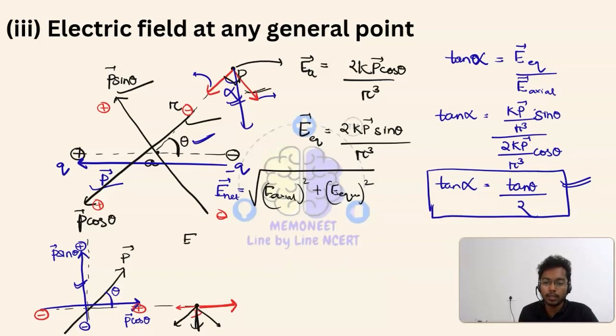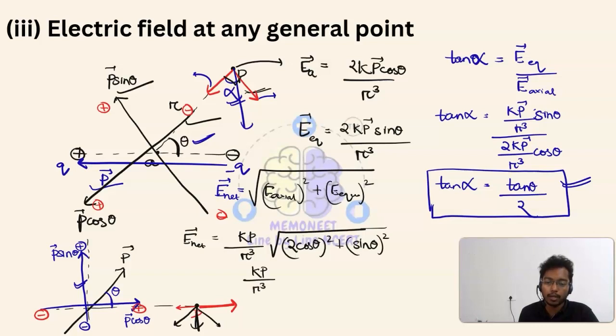So E net vector is equals to kp upon r cube, that is taken common, under root of 2 cos theta whole square plus sin theta square. So we can write kp upon r cube under root of 4 cos square theta plus sin square theta.